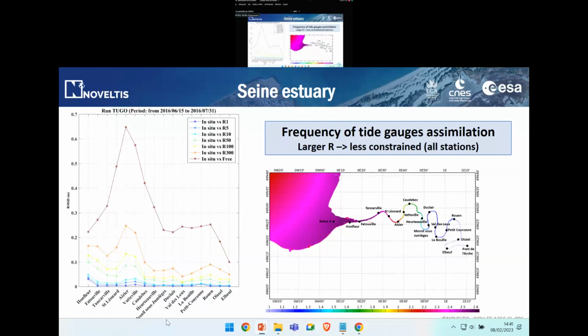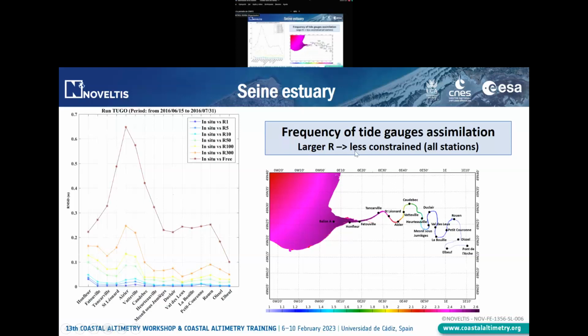A larger value means a less constrained model. For example, the blue line is the most constrained run that we made, and if we compare its errors with the free run with no assimilation, we can observe errors at least one order of magnitude smaller.